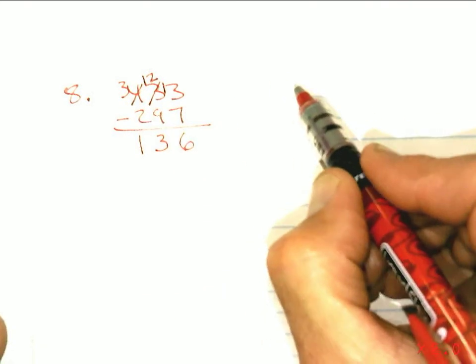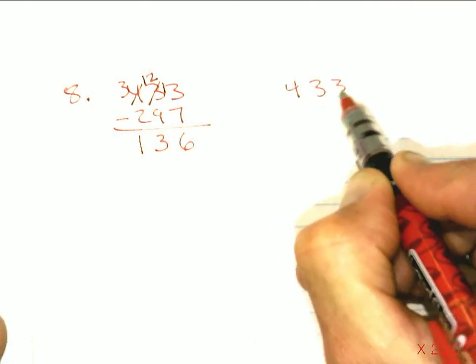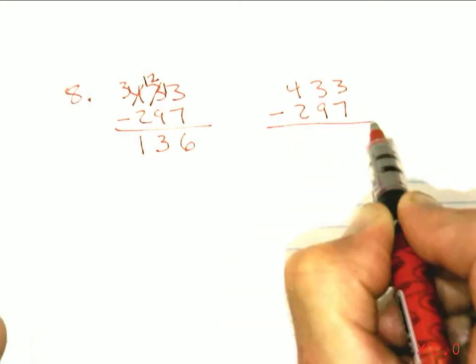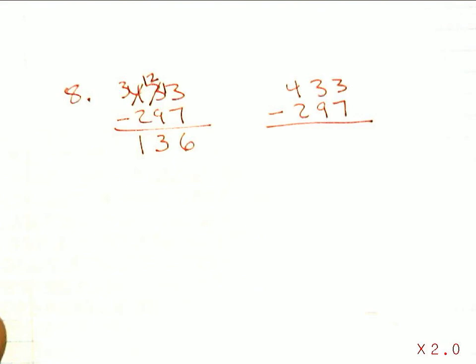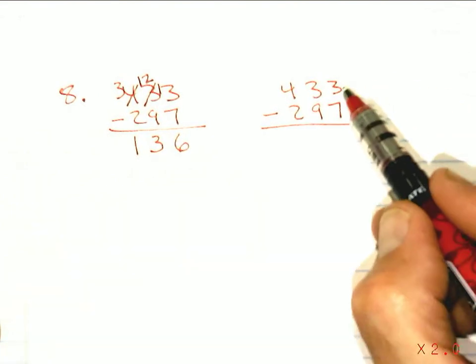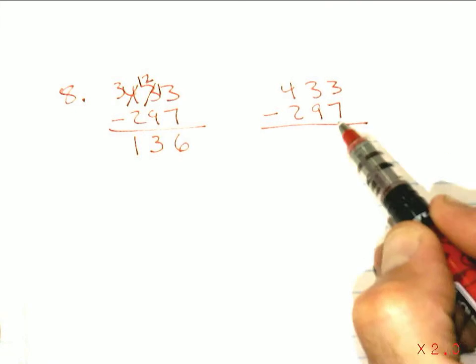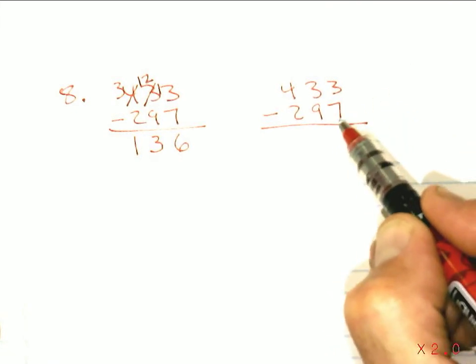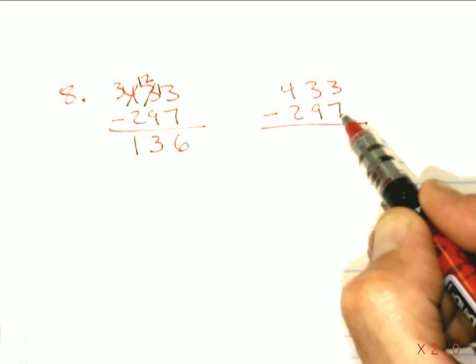So I tend to look at a problem like this in a totally different way, and I'm going to use that different way for just a moment and see if this makes any sense to you. So right now what I really have is 433 minus 297, but I could have thought about this in a variety of ways. One is that 297 is very close to 300.